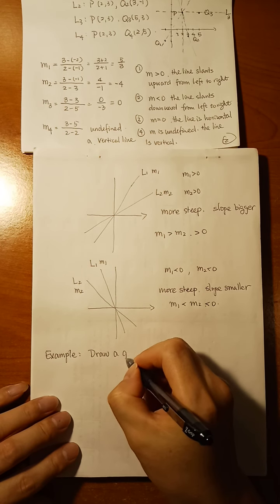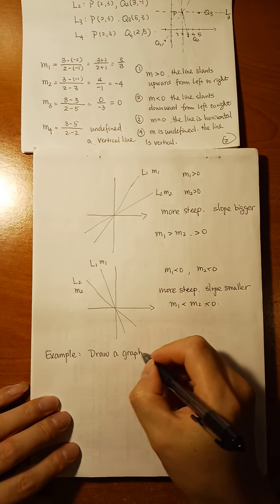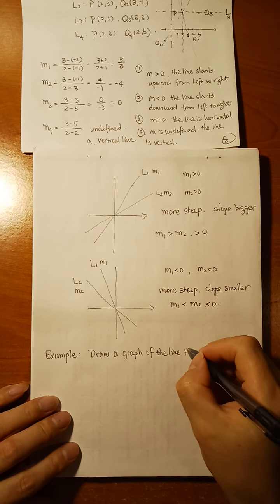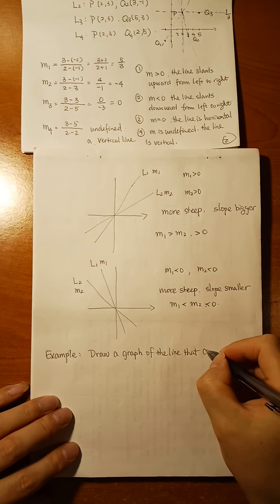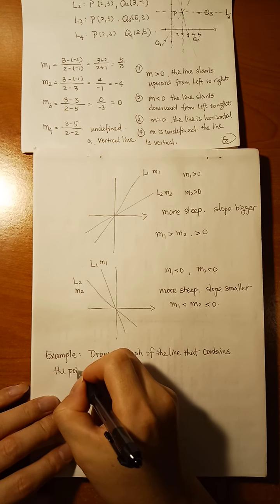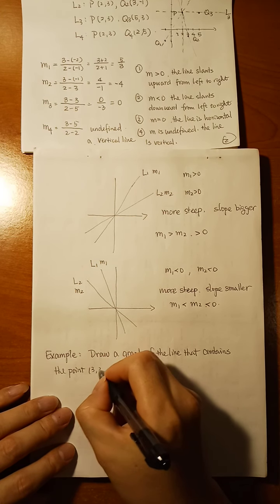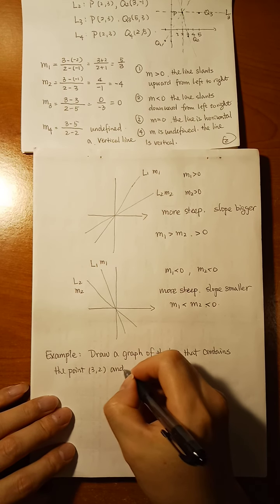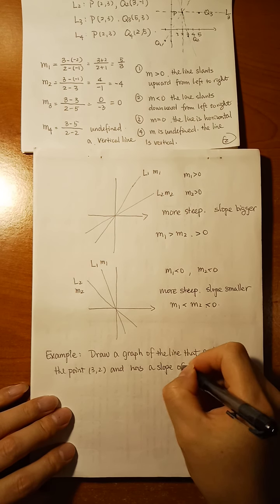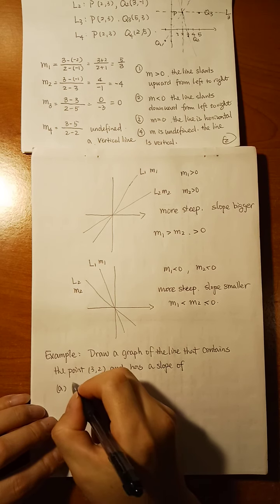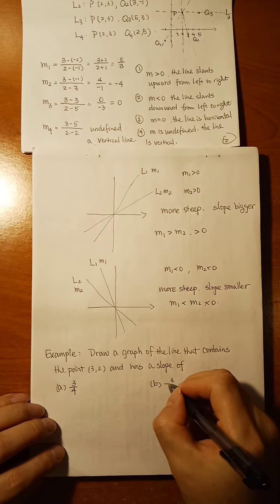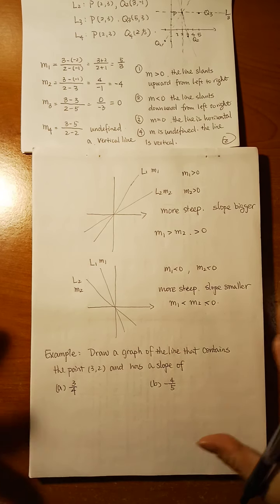Draw a graph of the line that contains the point 3, 2 and has a slope of, there are two cases, case A, 3/4, and case B, negative 4/5. Okay, so we're going to solve two cases.